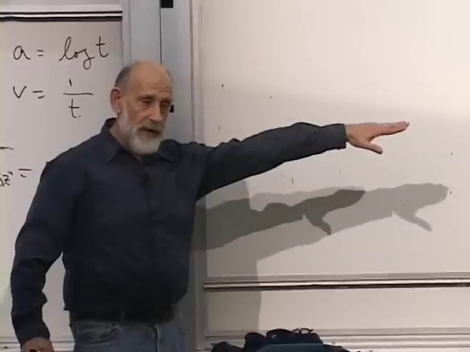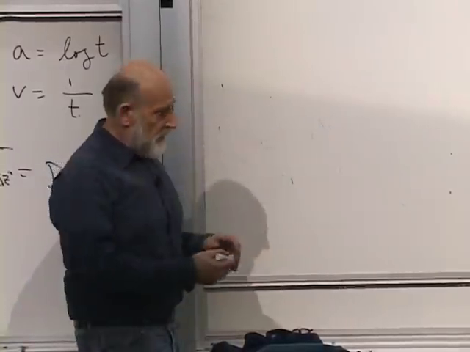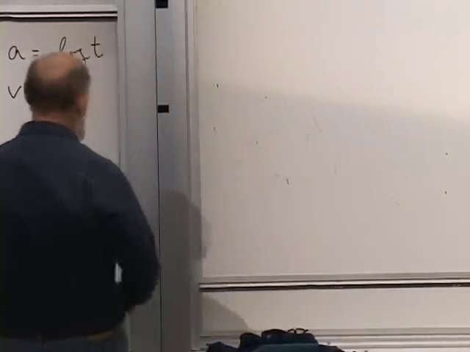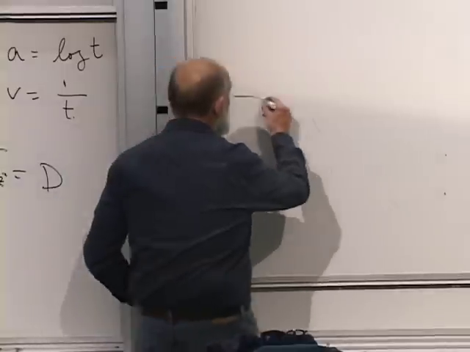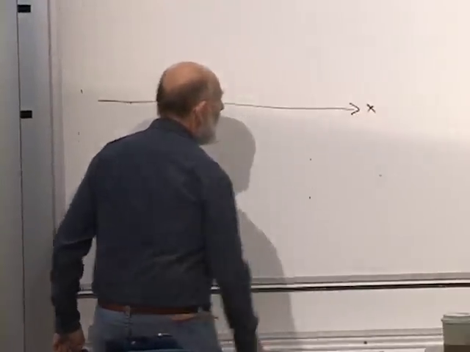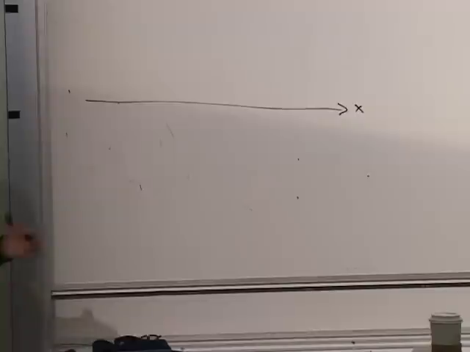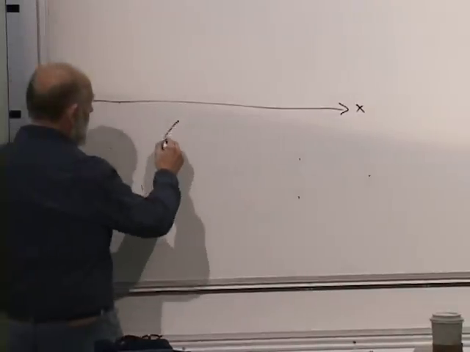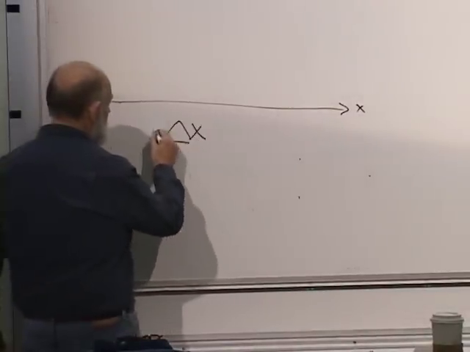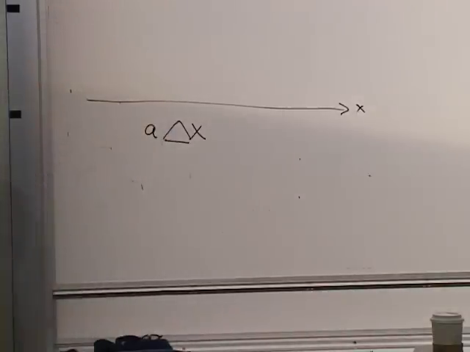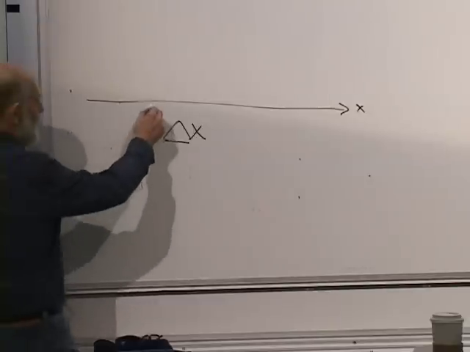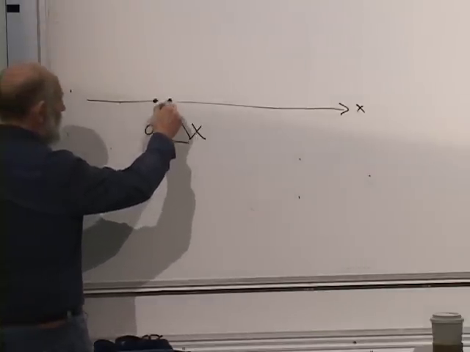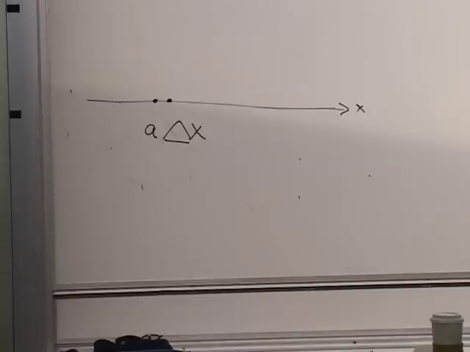Not the infinite straight line, but let's first consider the infinite straight line. We have our coordinate x, and we have that the distance between any 2 points is delta x times a. Let's think of that in terms of a metric. Remember what a metric is. A metric is an expression for the distance between two very close points.